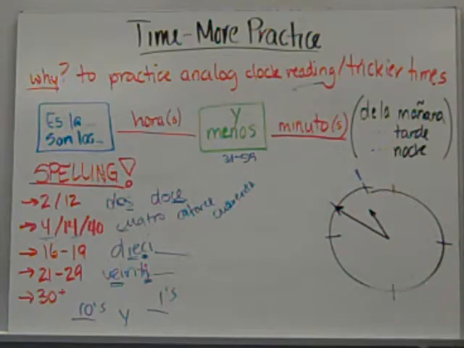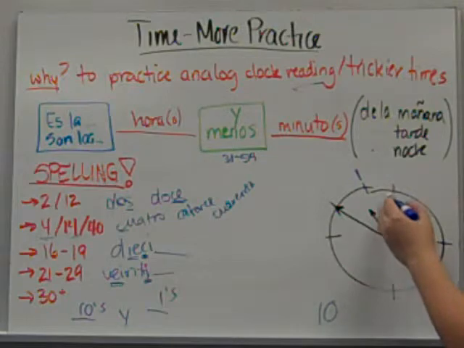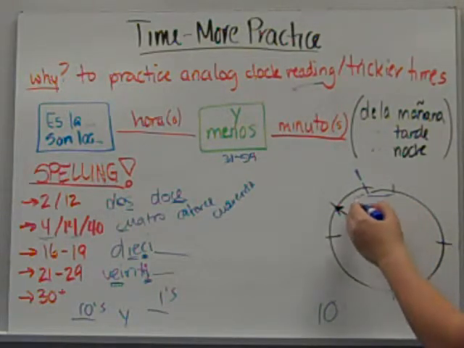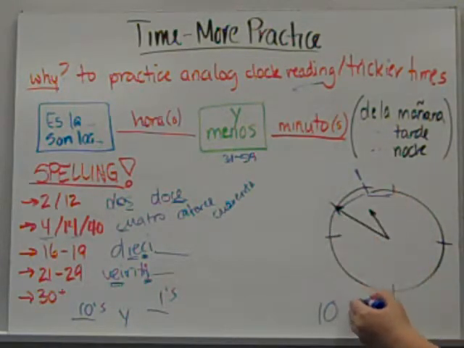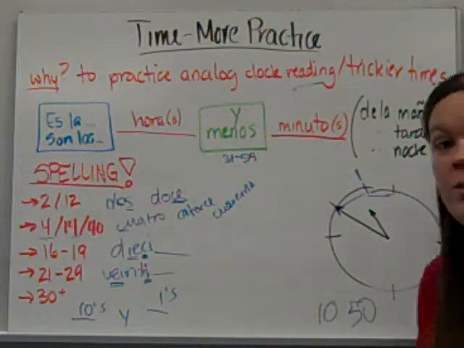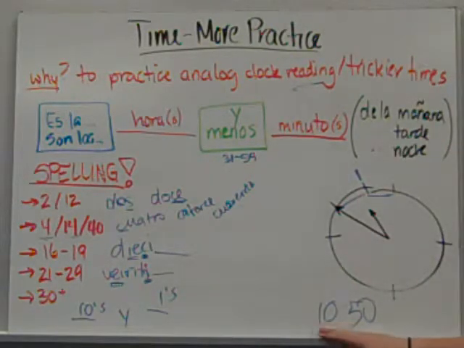So it hasn't quite reached 11 o'clock yet, so it's 10 something. And then the minute hand is 2 big ticks away. Each of these is 5 minutes, so it's 10 minutes away, so it's 10:50. Son las 11 menos 10, or if you want to keep adding times, son las 10 y 50.